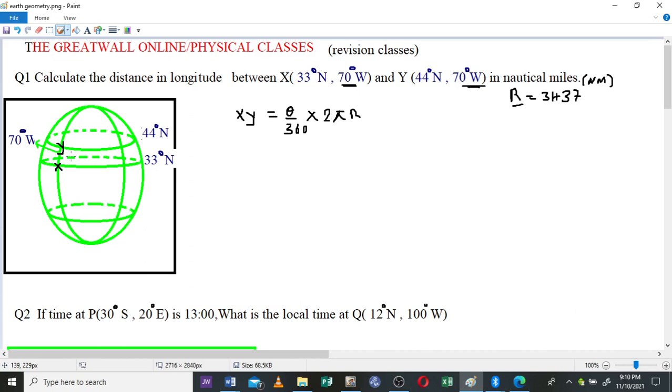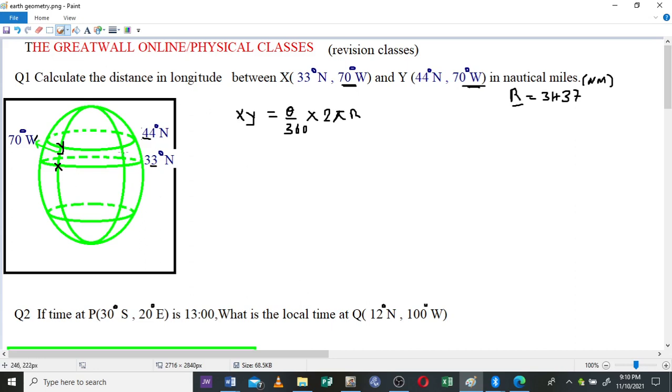You really need to interpret the information in the question and be able to draw a diagram like this one. In the diagram, I have indicated where point Y and point X should be, and the latitudes: we have 44 degrees and 33 degrees. They are both north, right? And 70 degrees right there, which is in the west.